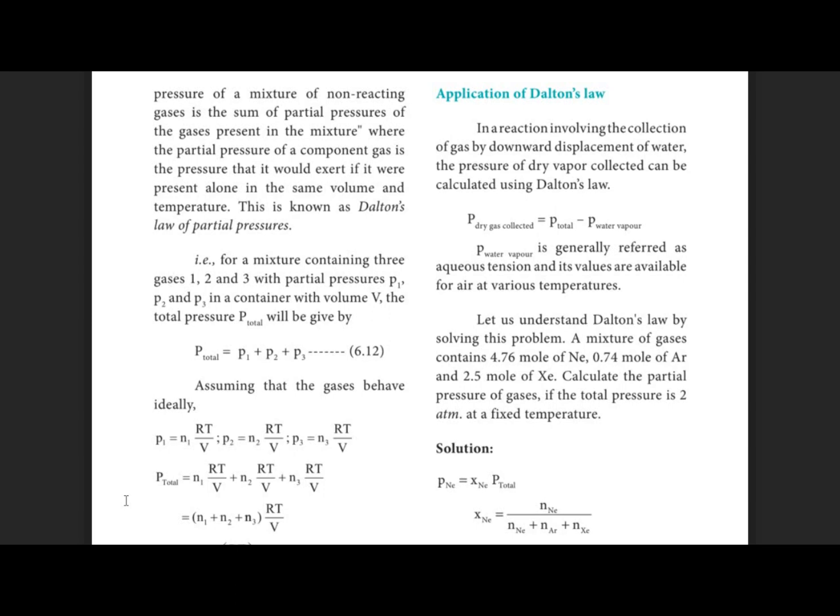That is, for a mixture containing three gases, 1, 2, and 3, with partial pressures P1, P2, and P3 in a container with a volume V, the total pressure P total will be given by P total is equal to P1 plus P2 plus P3.